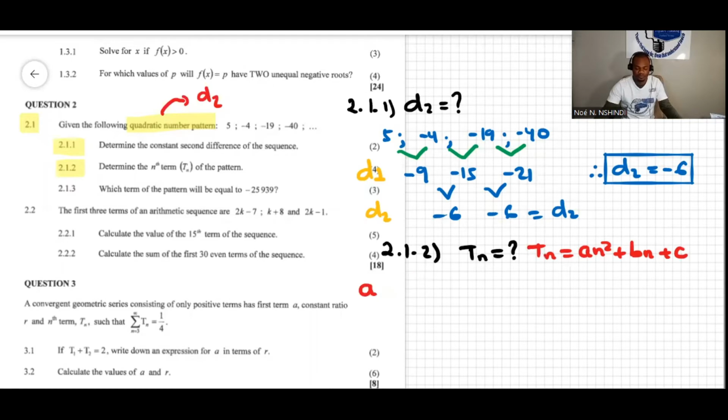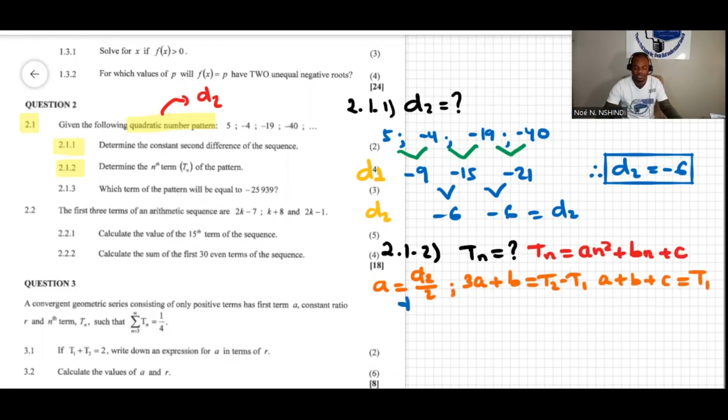I prefer to write it like that: a equals D2 over 2. And then 3a plus b is equivalent to the difference between the first two terms of the quadratic pattern, and a plus b plus c is equal to term 1. Now let's work it out.